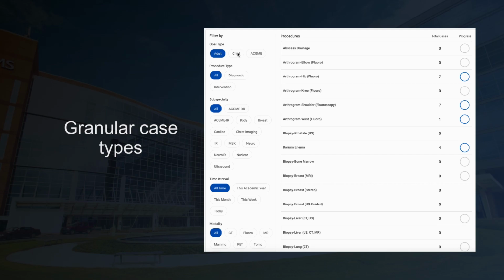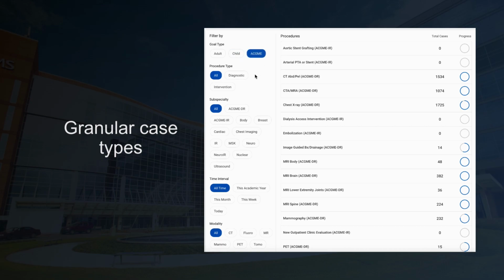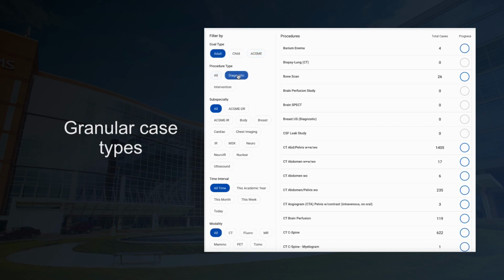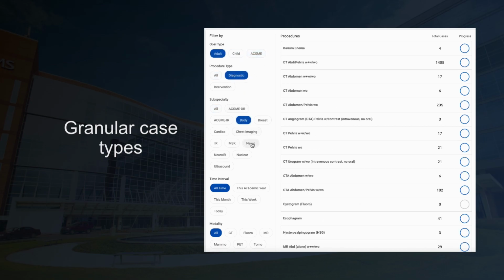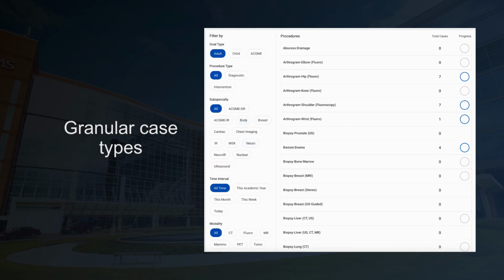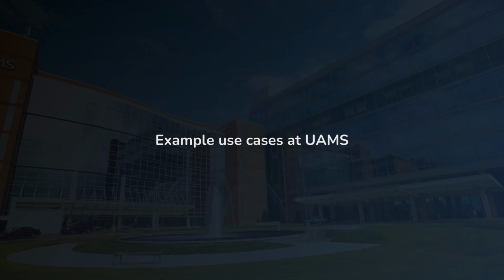And because Orbit uses exam names instead of CPT codes, there is substantial granularity in tracking case types. Here we have almost over 300 case types tracked. So let me show you a few case examples where we've incorporated these real-time analytics into resident education at our program over the past couple of years.